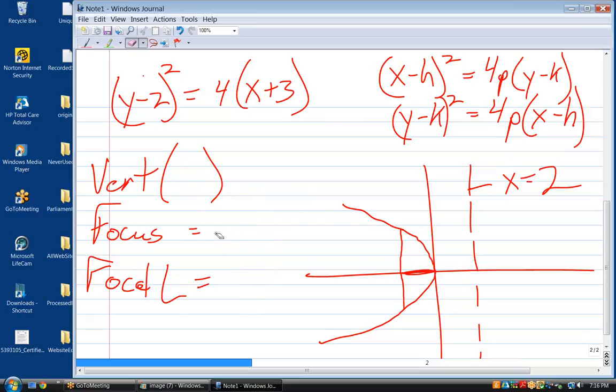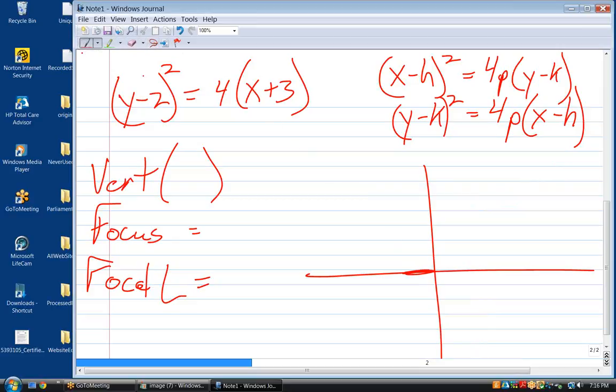It would be sideways to the right. And so, where's the vertex? The vertex is 3, negative 2. Yeah. Right? No, it's negative 3, positive 2. Oh, yeah, because of the plus and the minus signs.